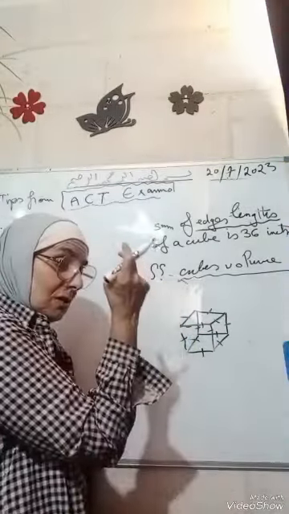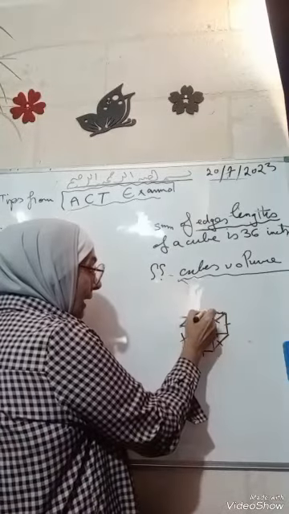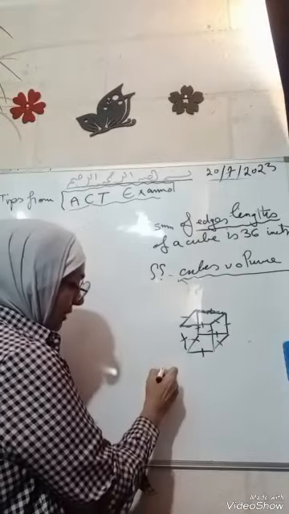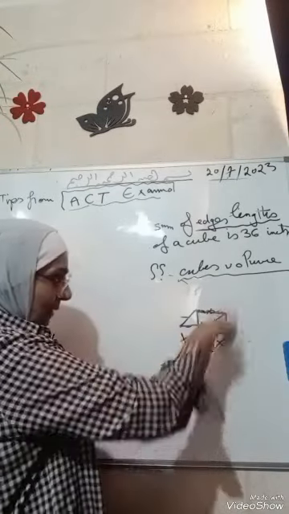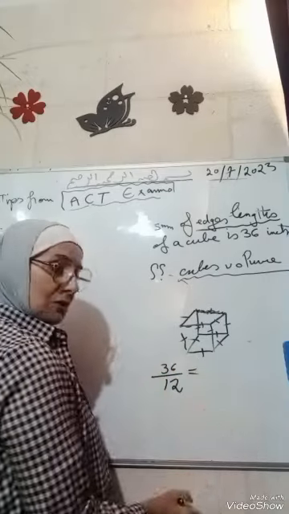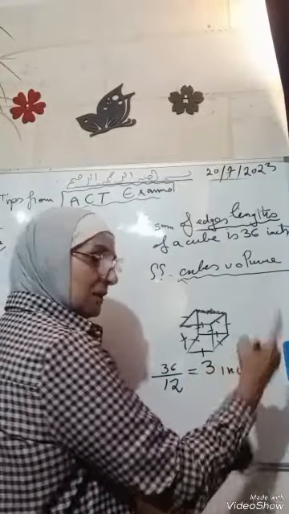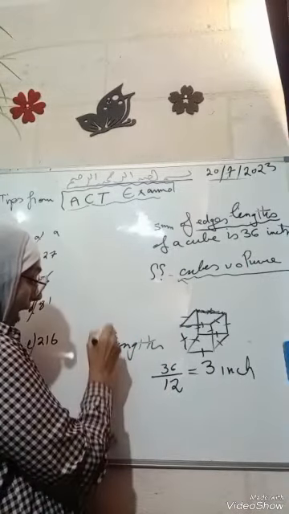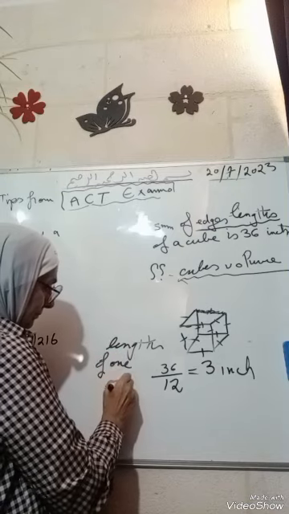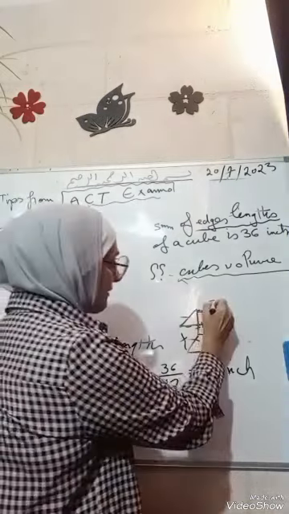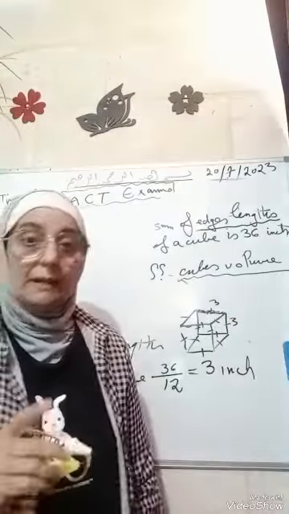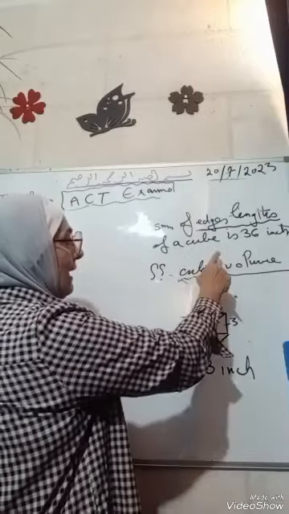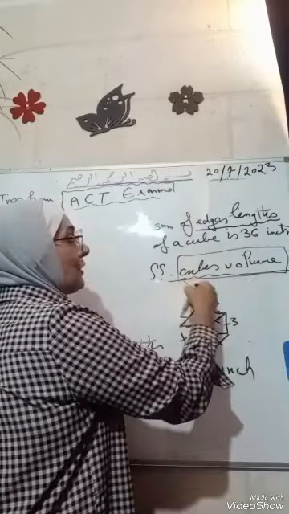If I need only one edge length, what should I do? Division. 36 divided by 12 equals 3 inches, which is the length of one edge. So this is a 3, this is a 3, and so on. Now, he didn't ask about the length. The question is about the cube's volume.